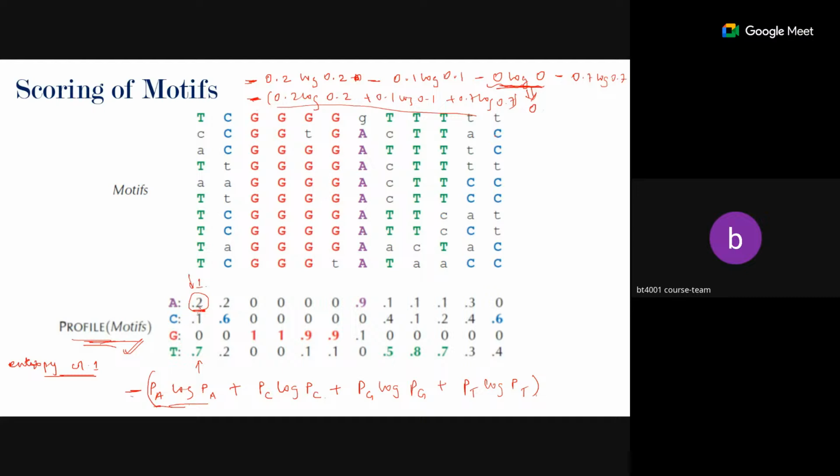Okay, so this is called the entropy for column number 1, or entropy for position number 1. The second important thing to note here is that this is logarithm to the base 2. Please don't confuse it with other bases. So we'll be computing it as logarithm to the base 2.